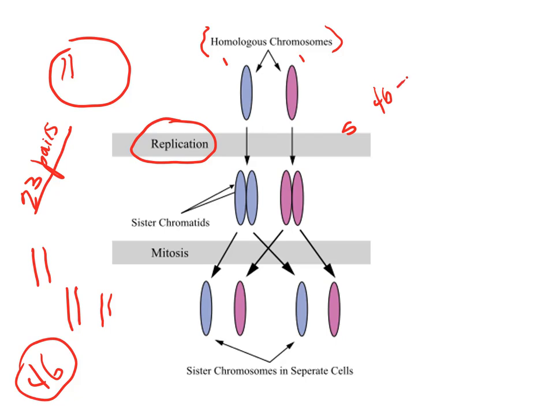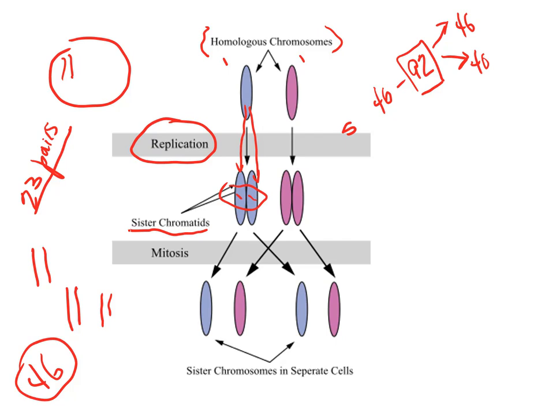We have 46, and then from 46 we will move very temporarily to 92 chromosomes before the cell divides into two daughter cells, each of them having 46 chromosomes. Okay, so during replication, each chromosome is going to be replicated in two, and this one and this one here are called sister chromatids.